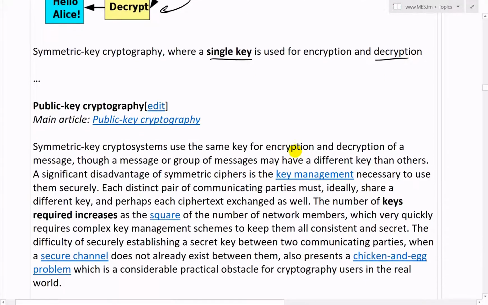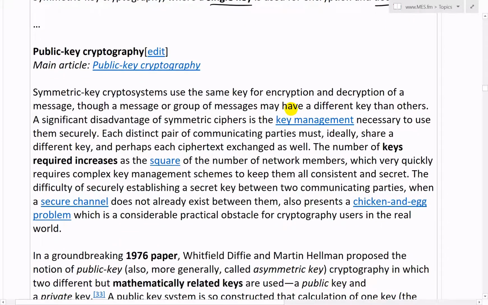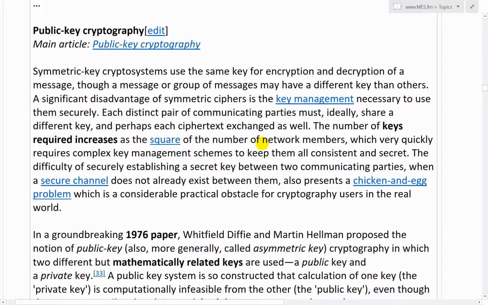Now let's look at public key cryptography. Symmetric key crypto systems use the same key for encryption and decryption of a message or group of messages, though a message or group of messages may have a different key than others. A significant disadvantage of symmetric ciphers is the key management necessary to use them securely.